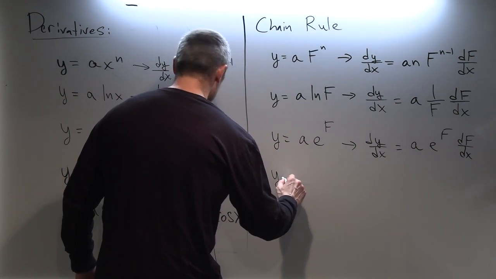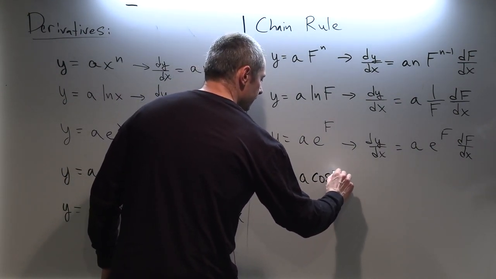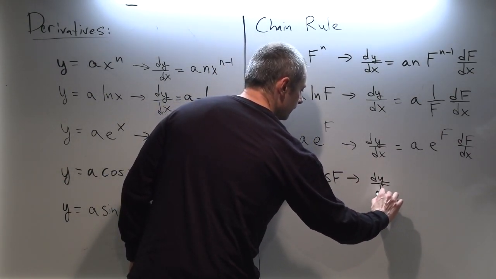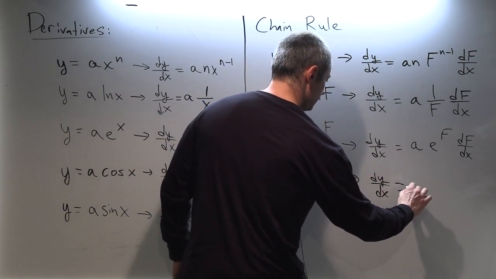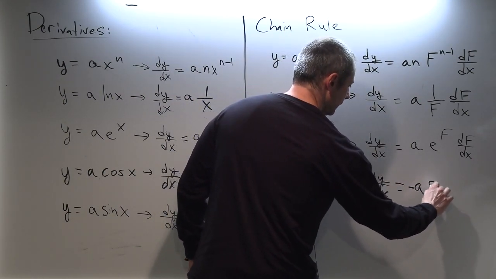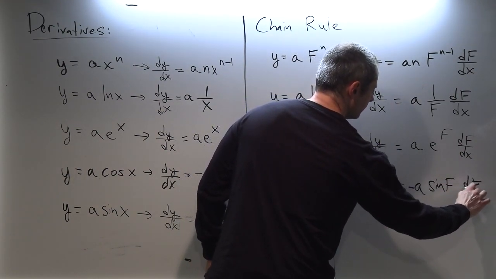Quickly just do the cosine and sine. A cosine of f, the derivative is negative sine f times df dx.